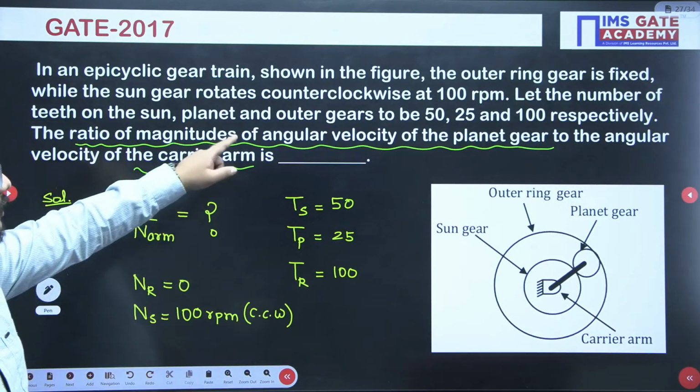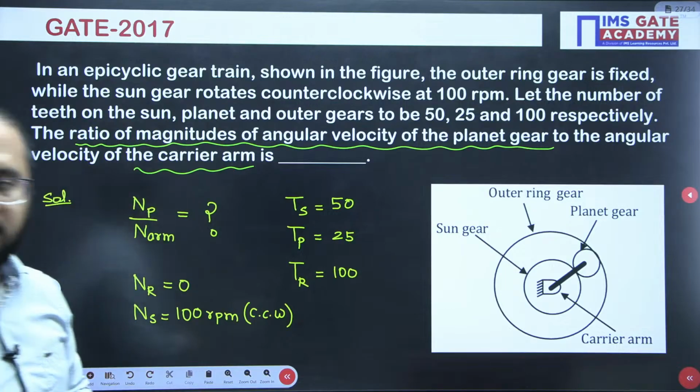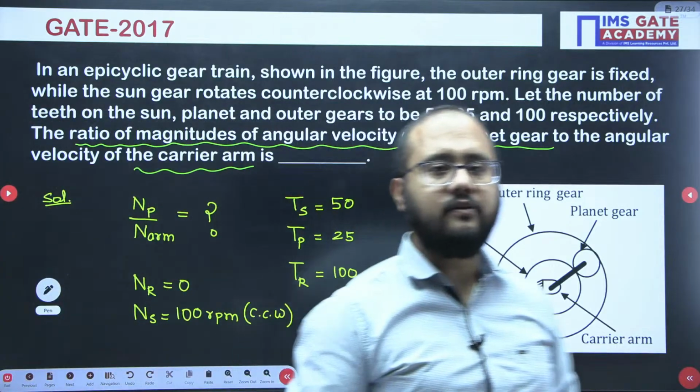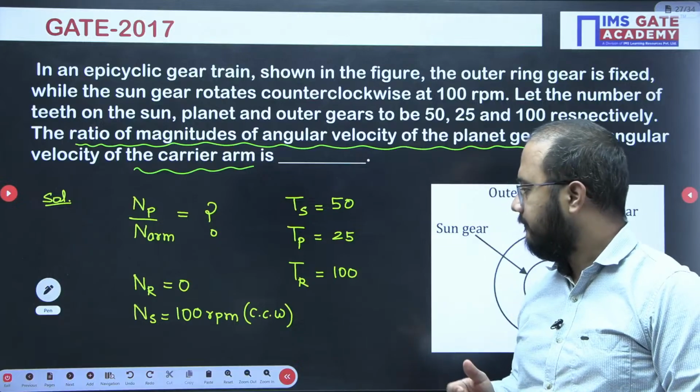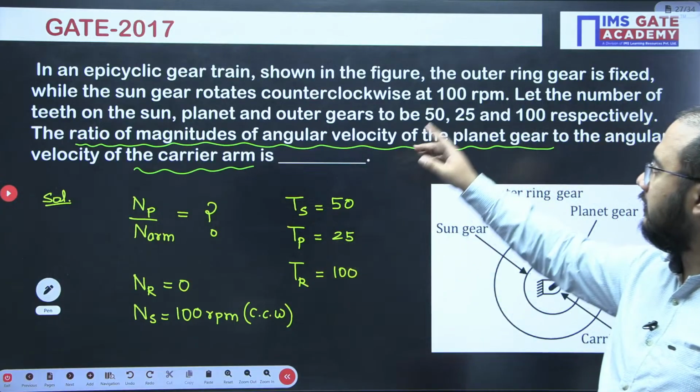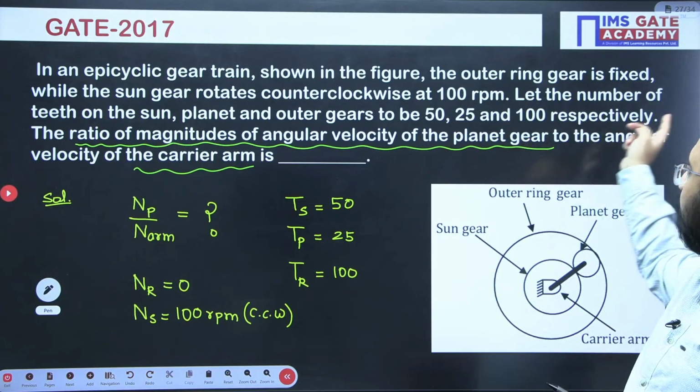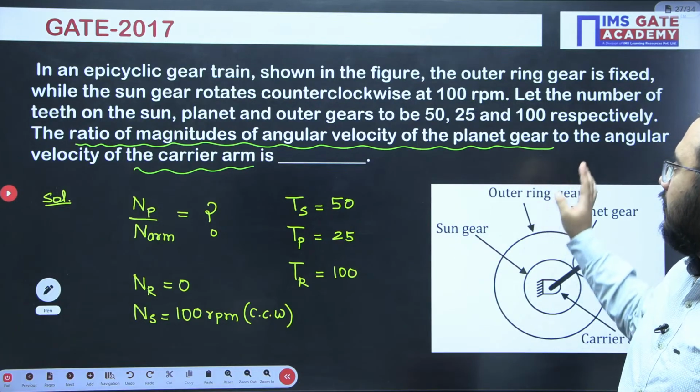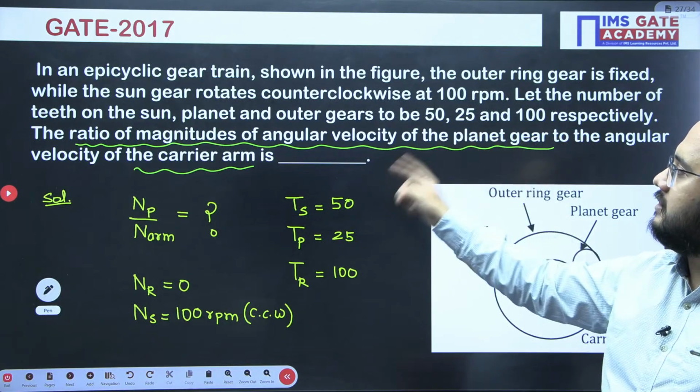So accordingly we can use positive or negative sign, based on your sign convention. Outer ring is 0, so NR value is 0. 50, 25, 100 is for the sun, planet and ring.